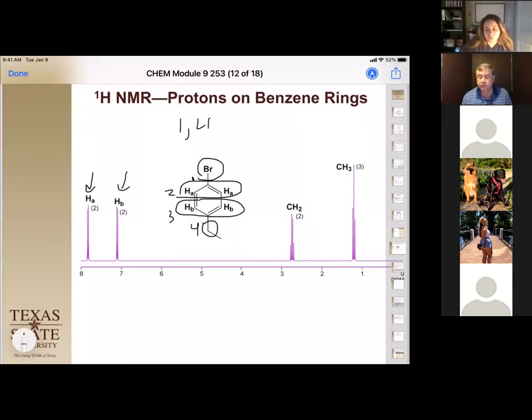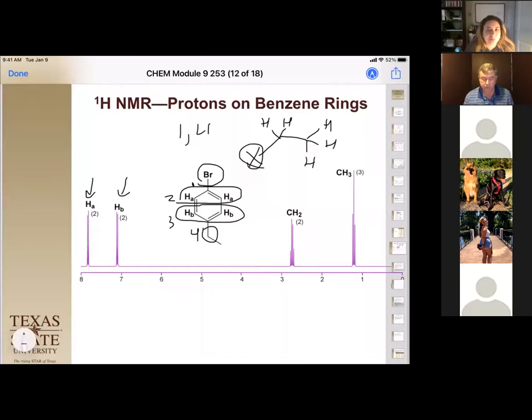Another very common splitting is when we have something attached to an ethyl group. We have 2 hydrogens here and 3 hydrogens here, okay? And so what we'll see in this ethyl group is another classical pattern. These are next to 3, so it's going to be split into a quartet.